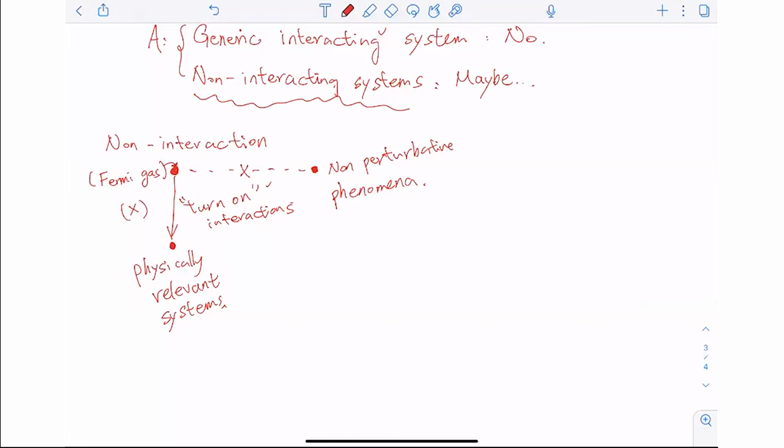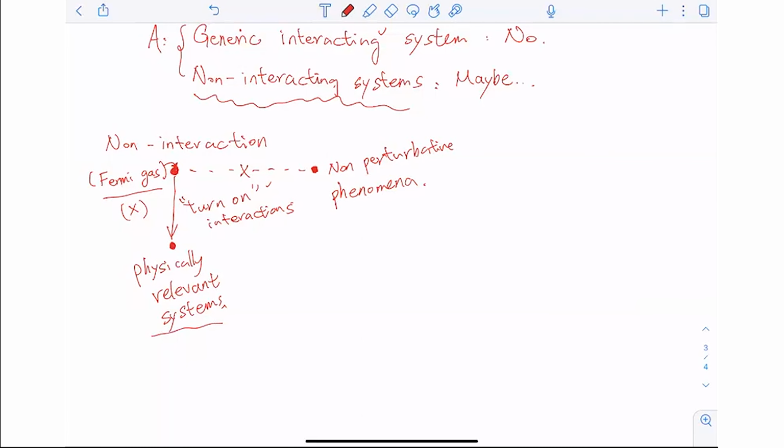And Fermi gas is a simplification that we assume the electrons basically do not interact with each other. So there's no Coulomb interaction most of the time when we study the Fermi gas. Okay. So what are the physically relevant systems?